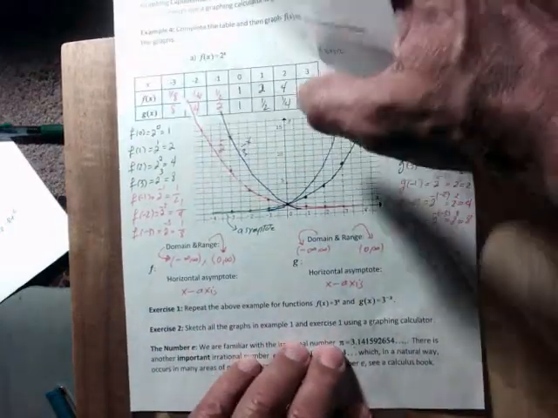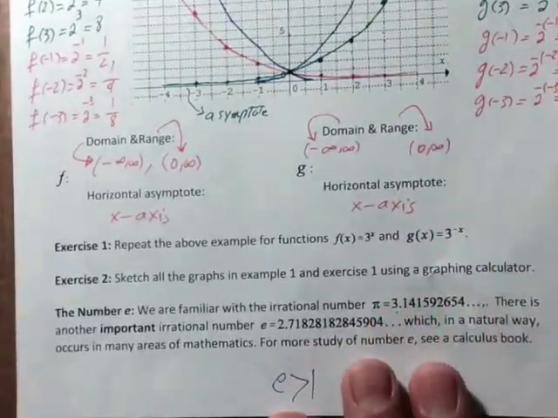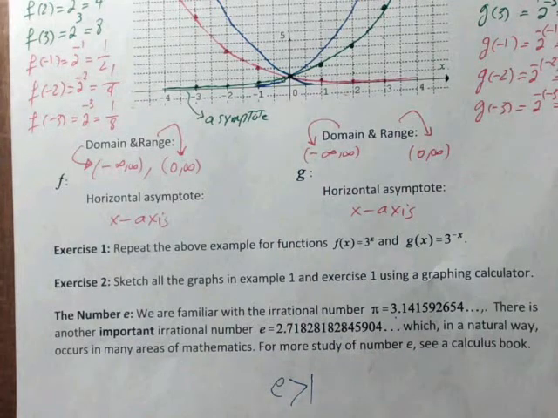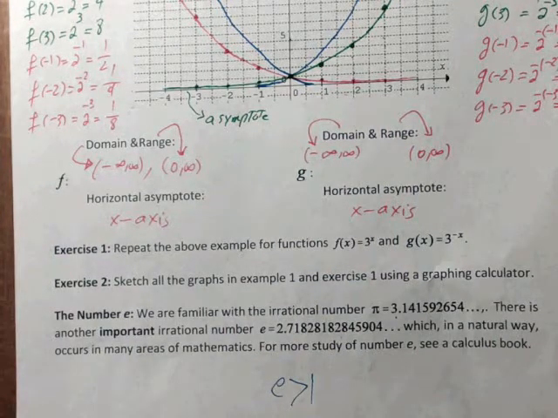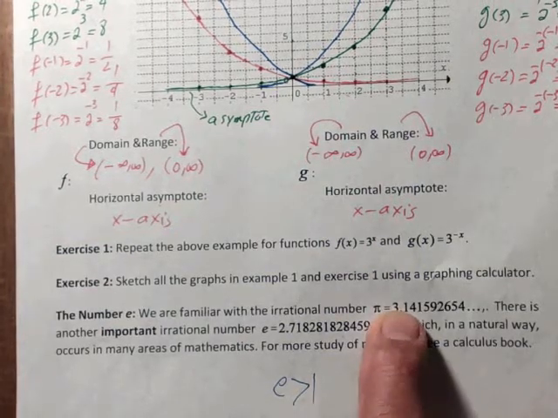The next thing we're going to discuss here is a special type of exponential function called the natural exponential function. This natural exponential function uses a very, very important number, as important as pi is. You remember pi?